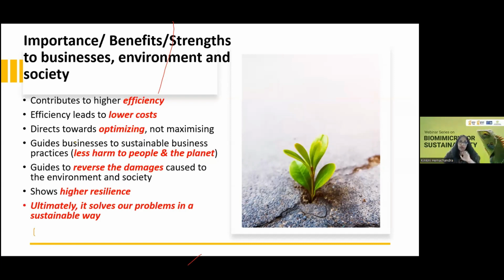Biomimicry also has the capacity to tell us how to reverse the damage that we have made, and it has already shown higher capacity to be resilient. So, in a nutshell, ultimately it solves our problems in a sustainable way.